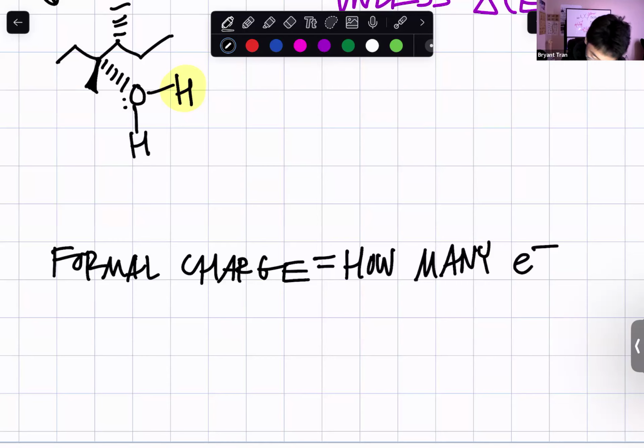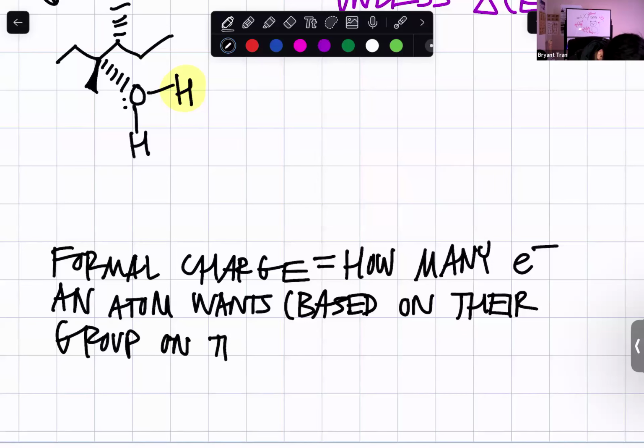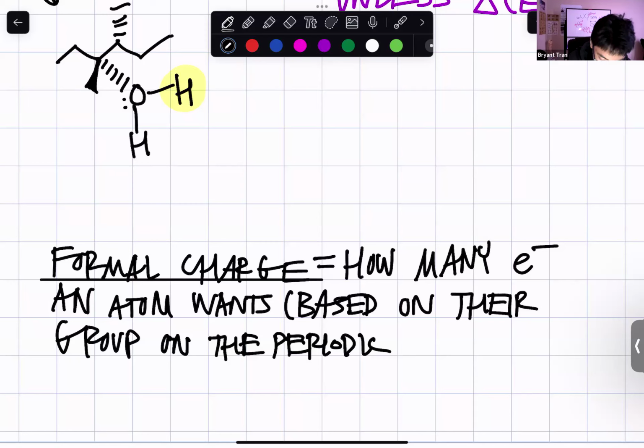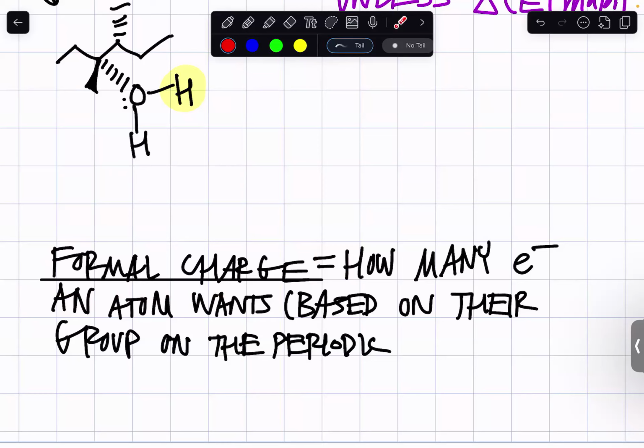How many electrons an atom wants, and this is gonna be based on their group on the periodic table. And I'll give you examples of this so that you're confident on how to calculate formal charge, because calculating formal charge is a very important skill for mechanisms, right? Once you learn more reactions, you have to know the skill of calculating formal charges.